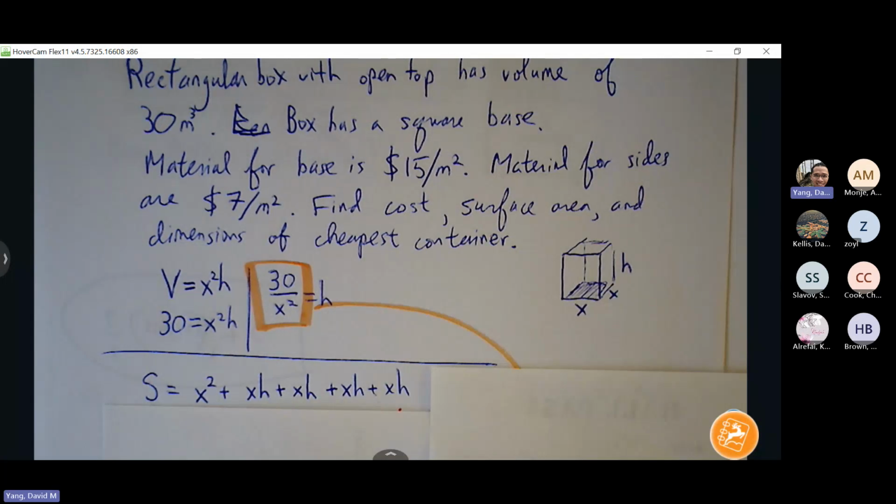Okay, everybody good with how we got the volume equation and getting that H by itself, as we know that ultimately that H is going to be replaced in the other equation.